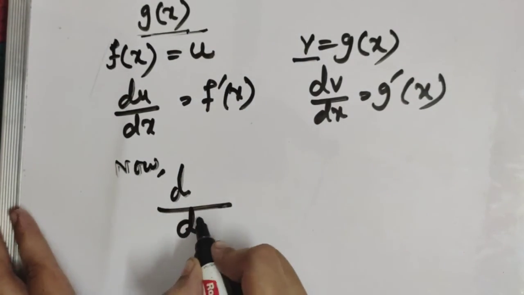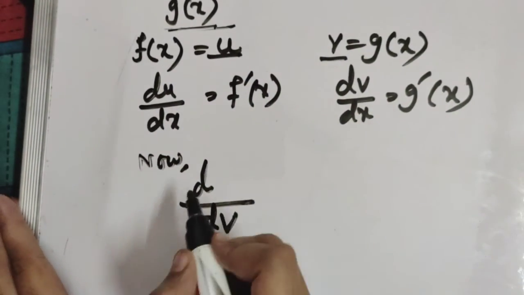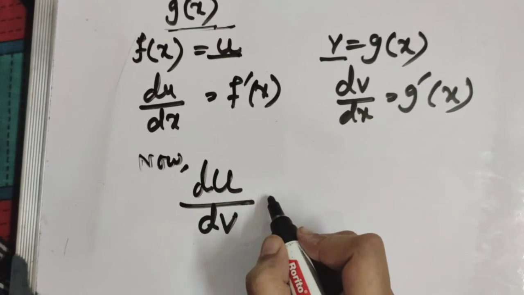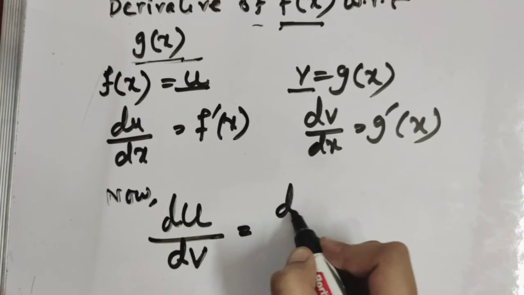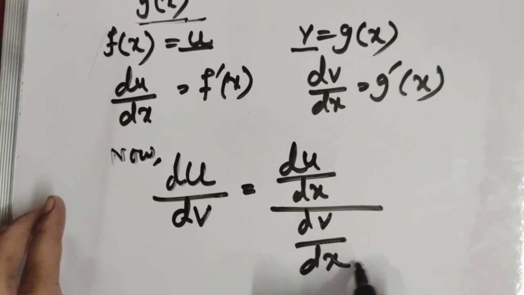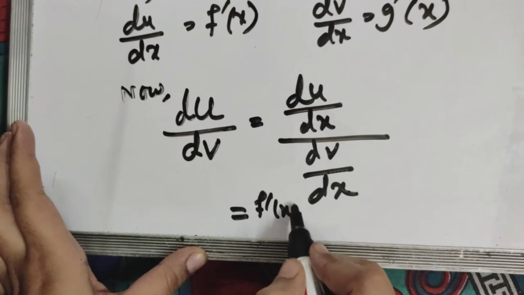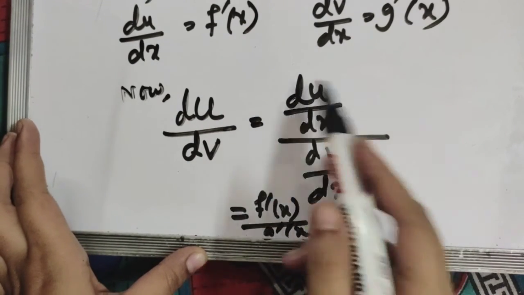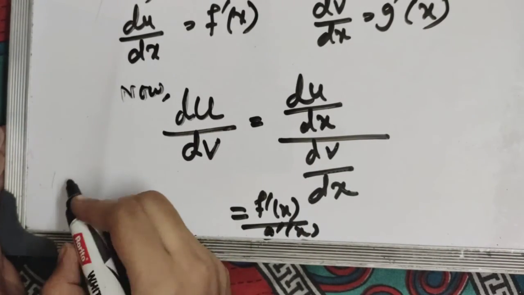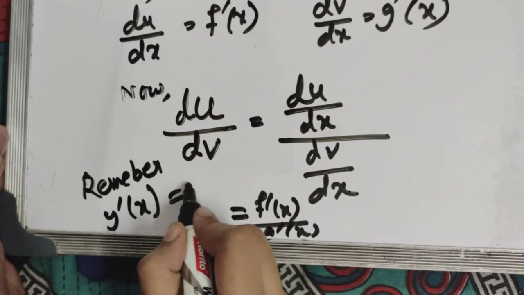So du by dv equals to du by dx divided by dv by dx, which equals to f dash x divided by g dash x. So it is similar to the parametric form also, right? Here you also have to remember one thing, that g dash x is not equal to 0.